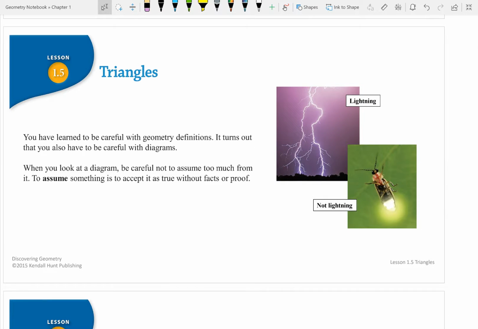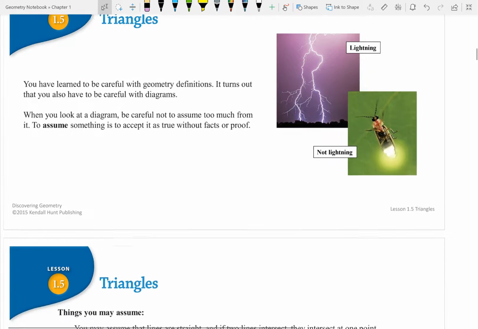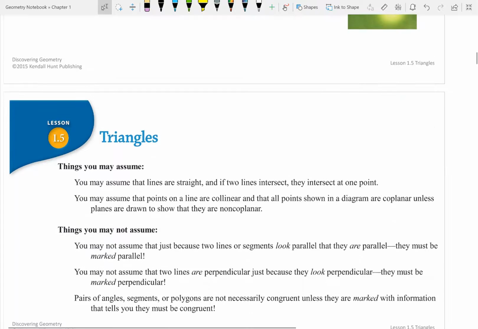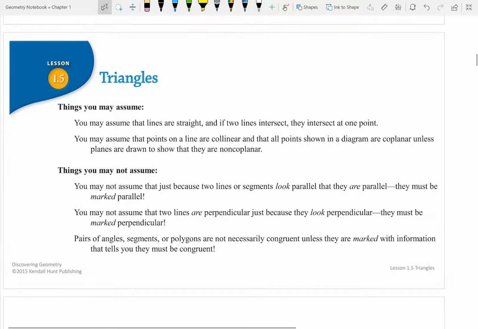Okay. You have learned to be careful with geometry definitions. It turns out that you also have to be careful with diagrams. When you look at a diagram, be careful not to assume too much from it. To assume something is to accept it as true without facts or proof. This is lightning, that is not lightning. Things you may assume.